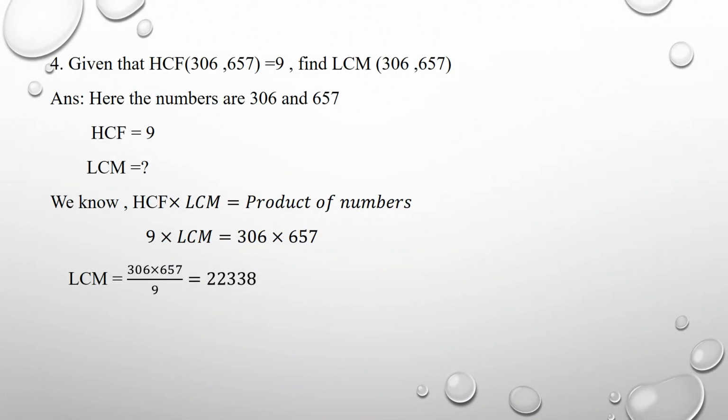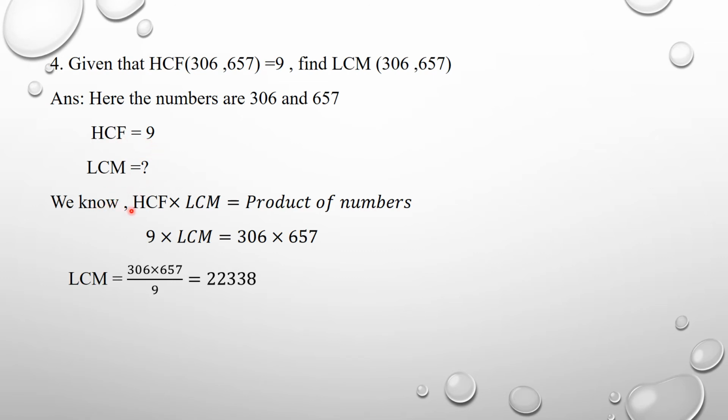Question number 4. We are given that HCF of 306 and 657 is equal to 9 and we are asked to find LCM of those numbers. Here the numbers are 306 and 657 and given HCF is equal to 9. We need to find the LCM.